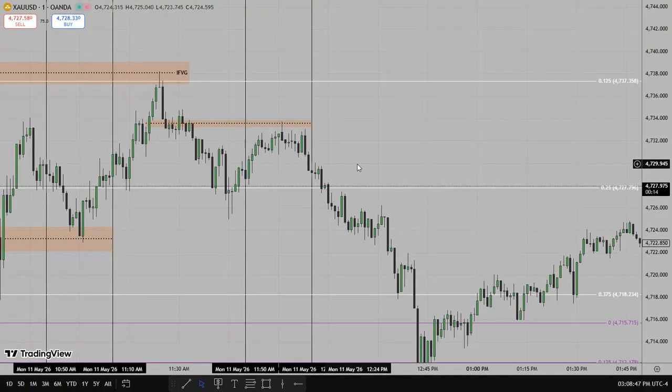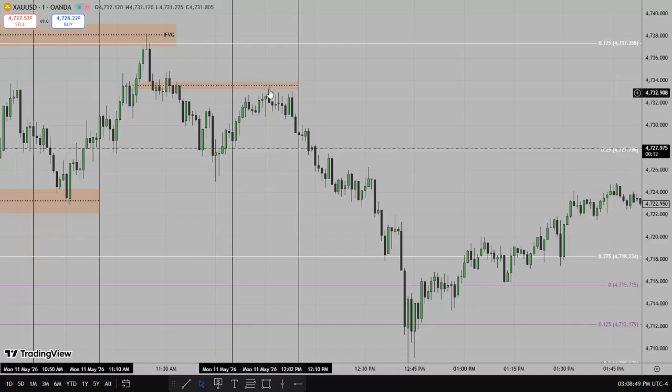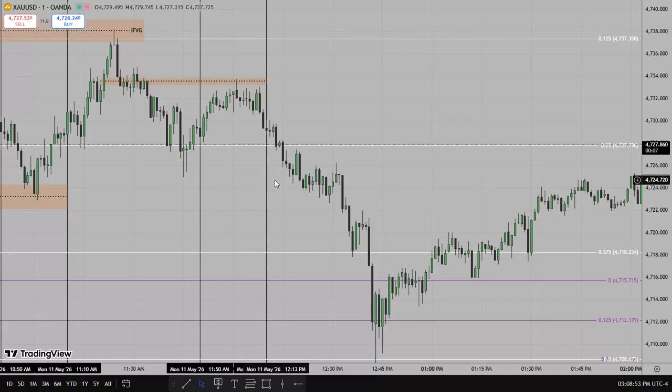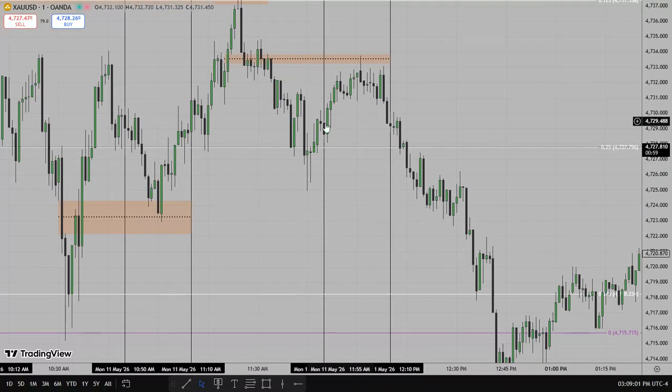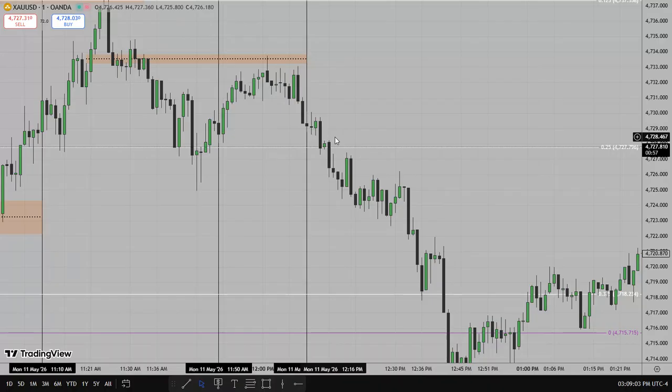After the tone was set at the macro time. So what I said is that after you have shorted your entries in the macro time, just after the macro time, make sure that you either have taken out your partials or your positions are at break even.